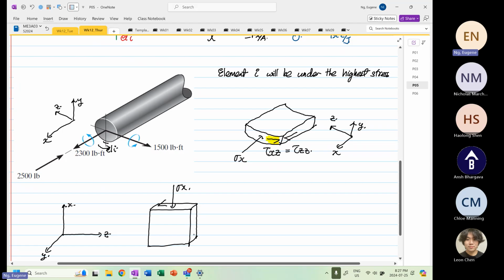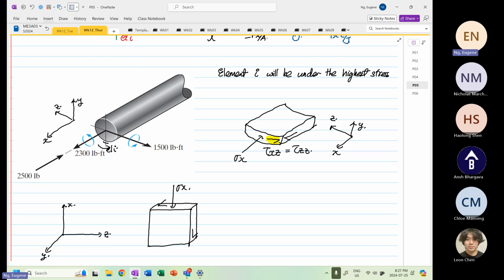So this is how it looks. Let me check this is correct. X by Y is out there, and when I flip across, yes, this is correct. So this is how the orientation will look.